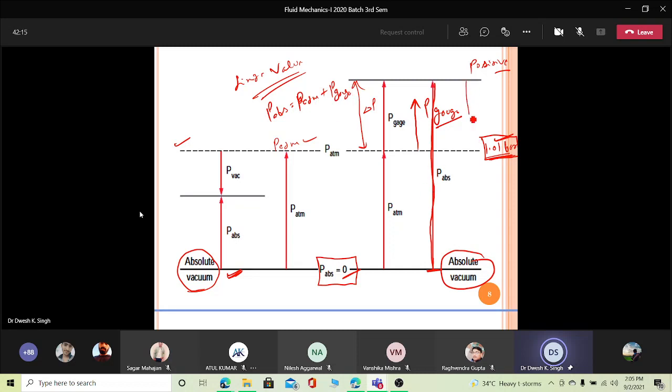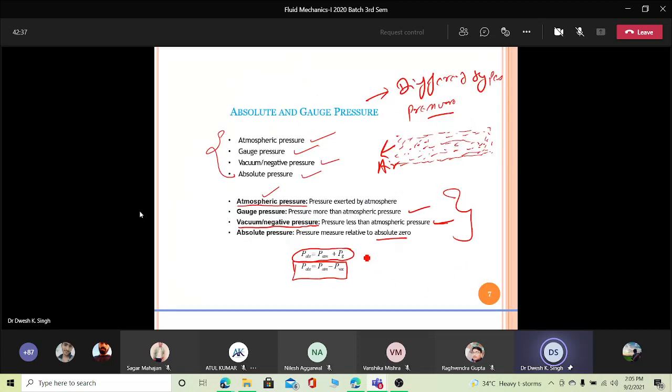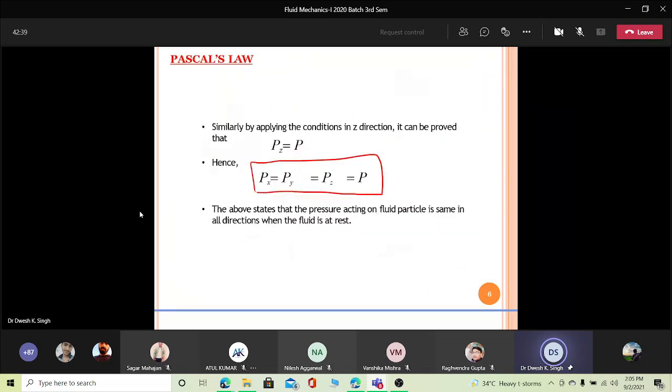So this is our gauge pressure, the extra pressure which is above the atmosphere. So obviously absolute will be atmospheric plus gauge, because absolute starts from this. So this is one of the relations between these. Here you can see this is the equation. Next.